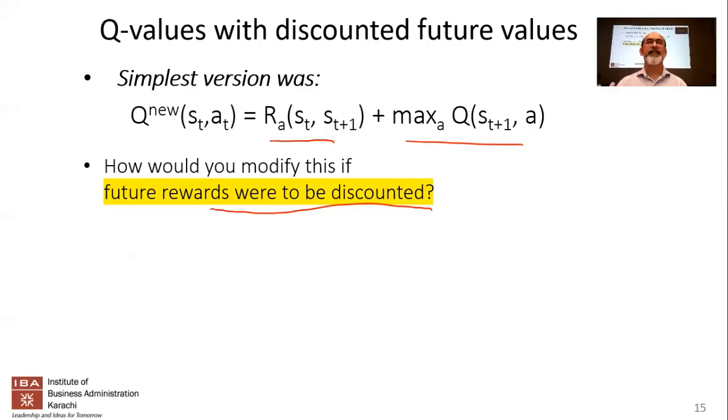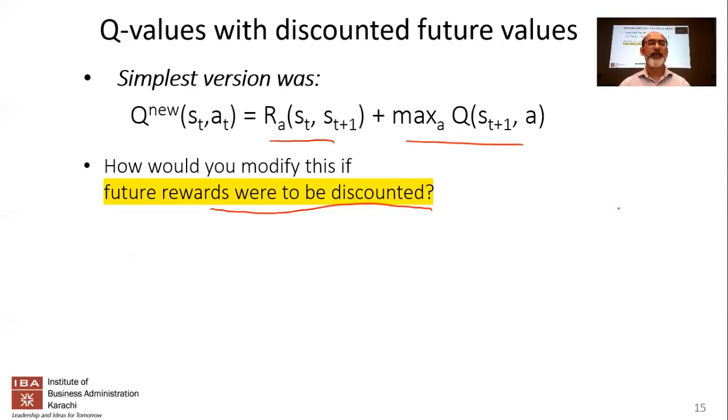Would you rather get $100 or 100 rupees today, or a year down the road? As you know, there is inflation, and there is all of that going on. So the value, for example, of money actually reduces. Okay. Similarly, for most rewards, the value reduces as it goes further and further into the future.